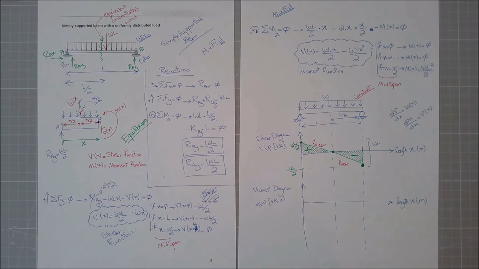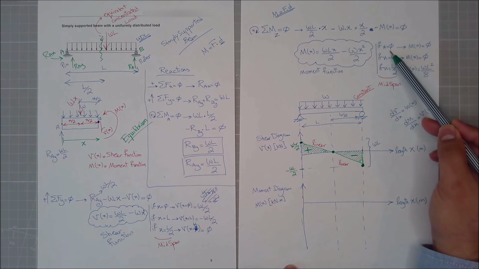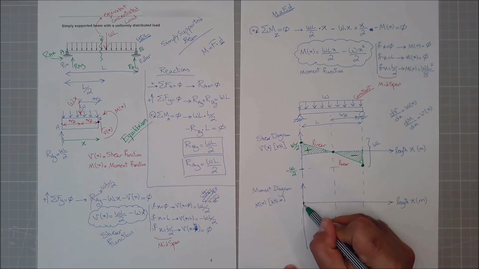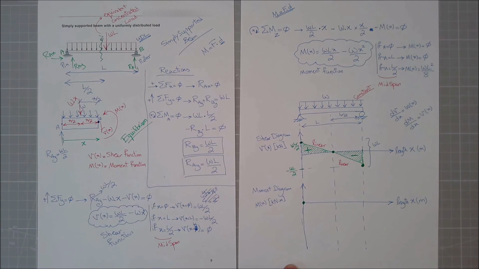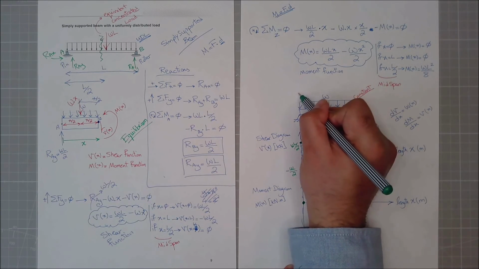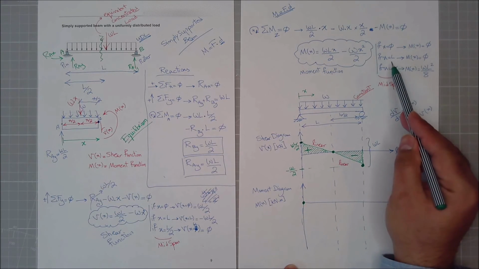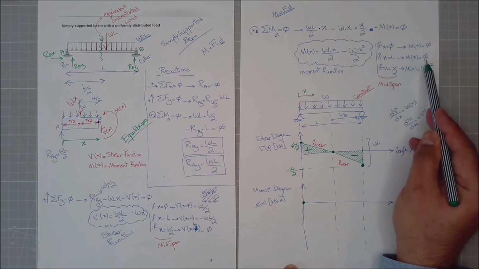Let's look at the moment diagram. Again, I have calculated all of them. It says if x is equal to 0, moment is 0. So at x equals 0, if x is along the length of the beam, my moment is 0. It says if x equals L, the moment is 0 again.